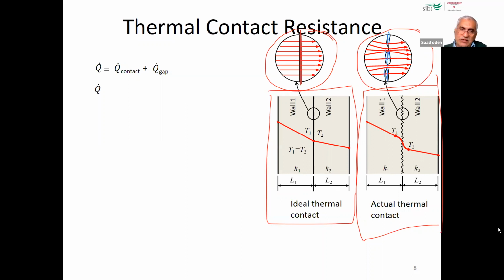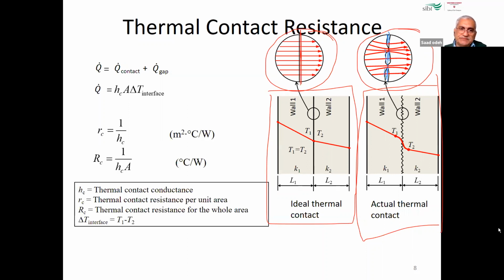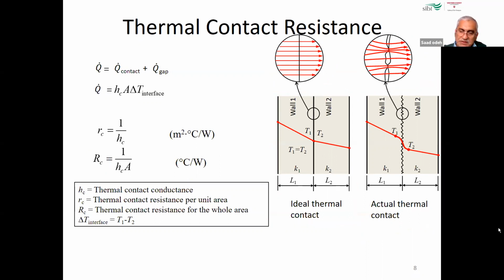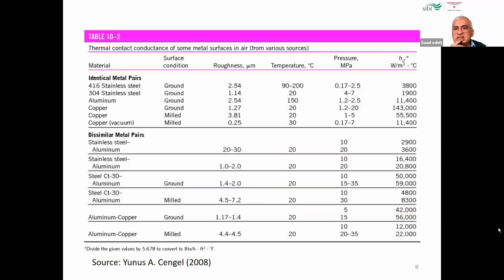There are special tables to find the thermal resistance of contact, or we call it thermal contact resistance, because of these air gaps. And to find RC, there are tables, as you can see.